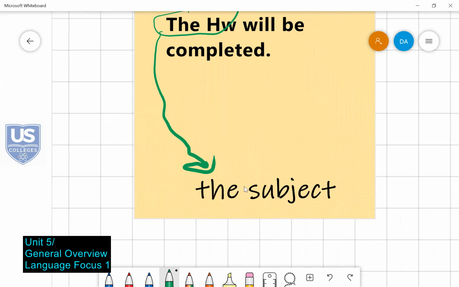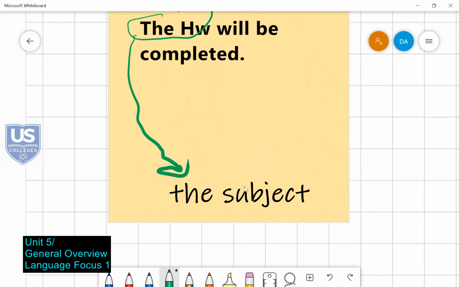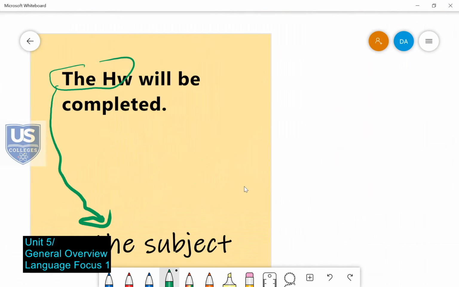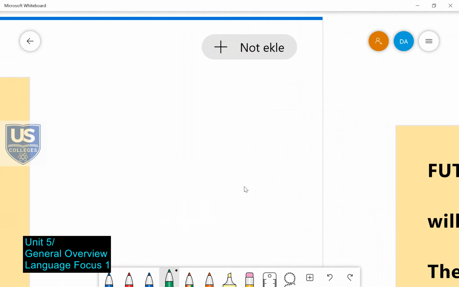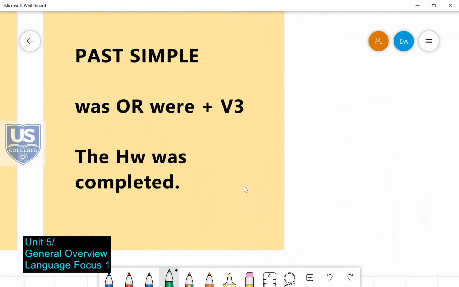So the homework will be completed. The homework, which is capitalized, is the subject of the passive sentence. And we will take a closer look into the forms of these 3 tenses, about how we will make a passive sentence.